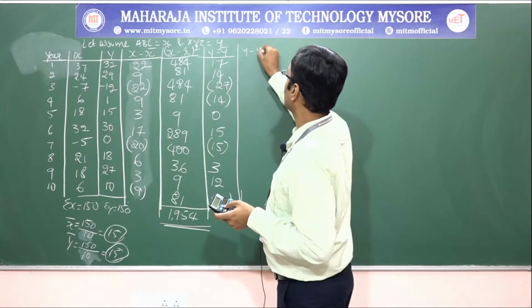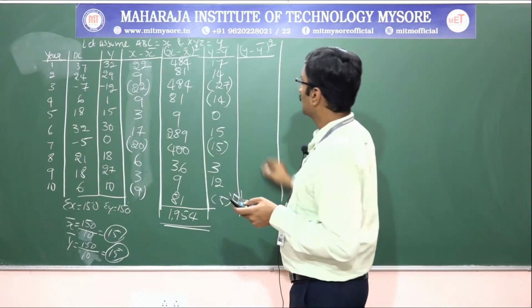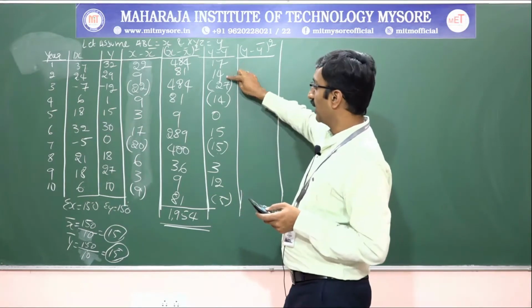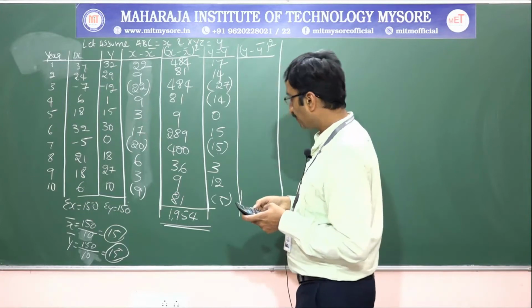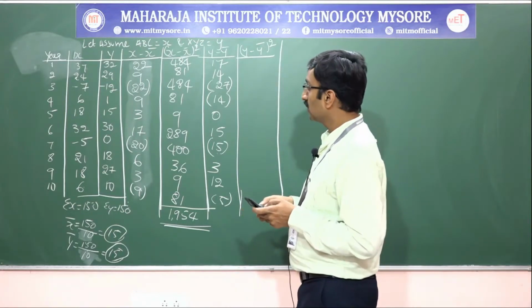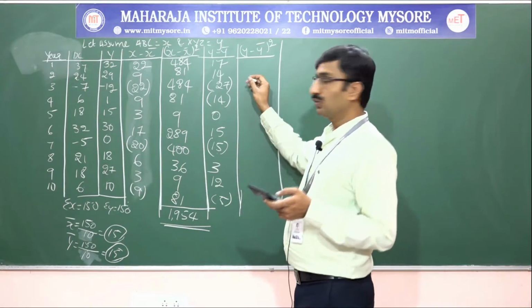Moving on to y minus y bar square. Find out the square value for 17 and subsequent values. How much are you going to get? You are going to get 289.